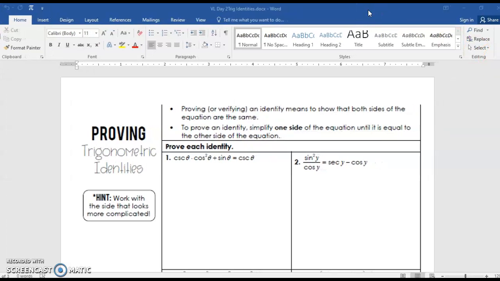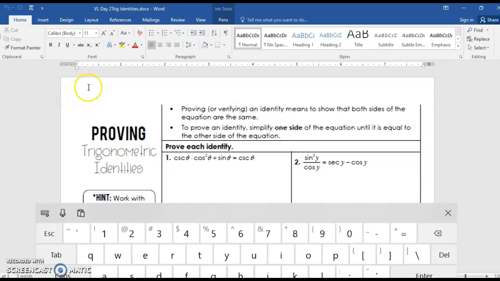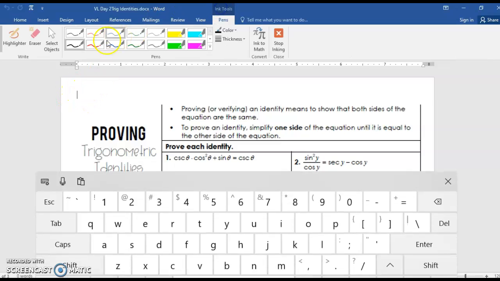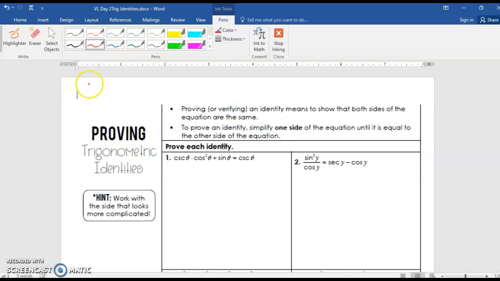Hello, my students. Let's actually prove some trig identities today. I want you to recall a little bit of what we did in the last class. We talked about some Pythagorean identities. Sine squared theta plus cos squared theta is 1.